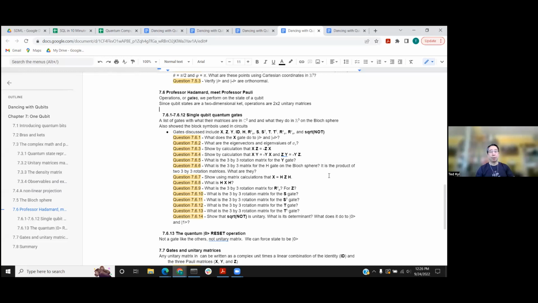I'd have to check the book, but basically, yeah, it's called X. It's a 180-degree rotation around the X-axis, which means that the North Pole flips to the South Pole and the South Pole flips to the North Pole.